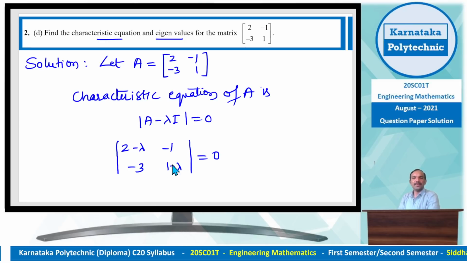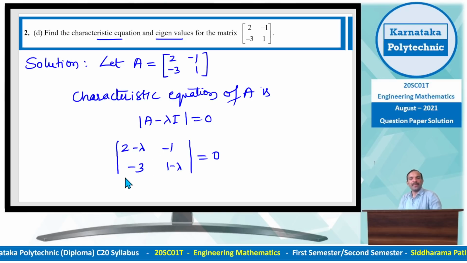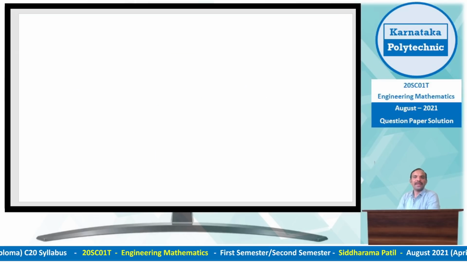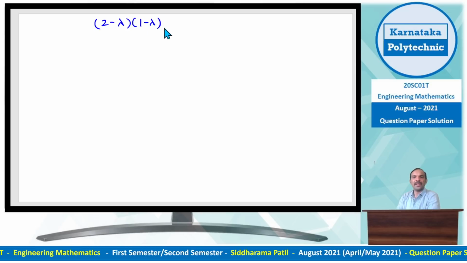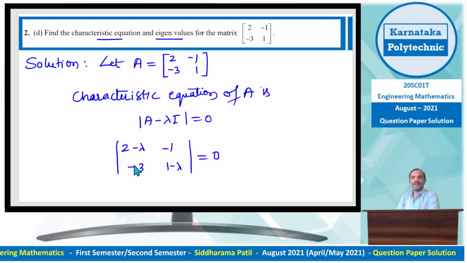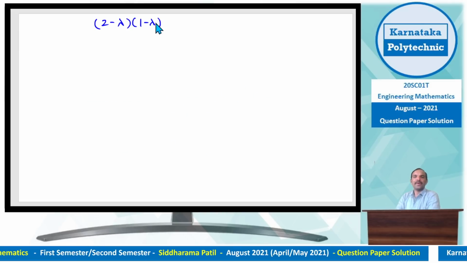Now expand it, simplify. Diagonal elements minus non-diagonal elements, that becomes 2 minus lambda into 1 minus lambda, minus minus 1 into minus 3, equal to 0.